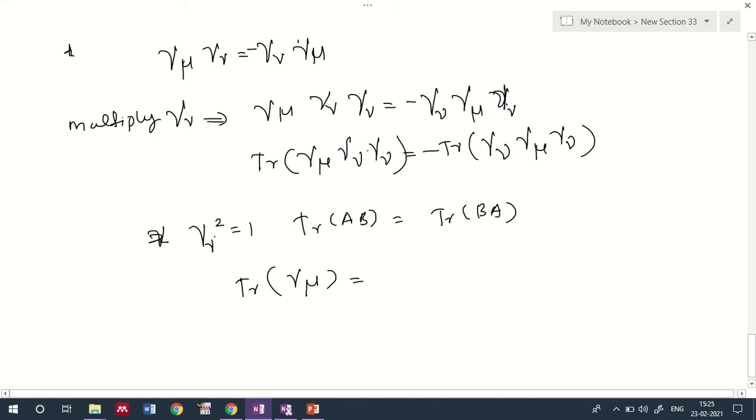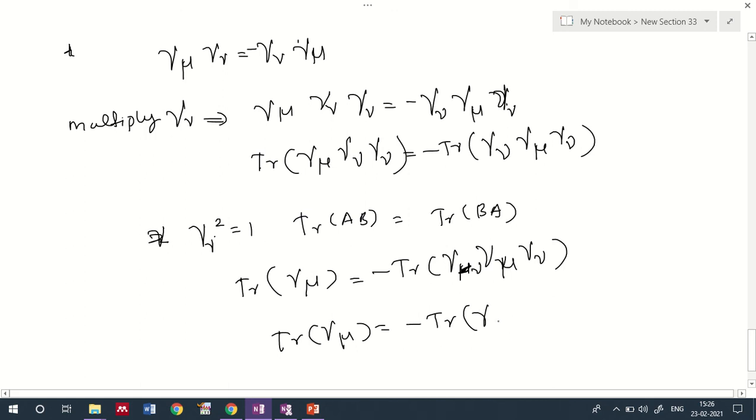Gamma nu square is equal to 1, and on the left hand side we have the trace of gamma mu equal to minus the trace of gamma mu.